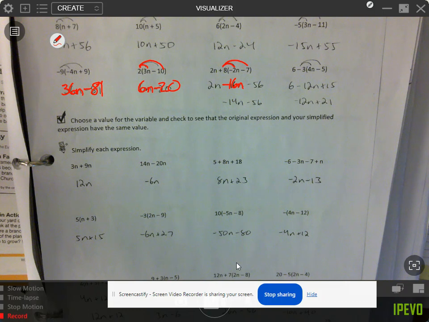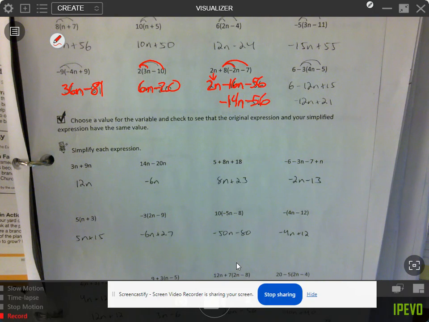Positive 8 times the negative 7 is a negative 56. And then I bring that 2n down. I am not done yet. I have more simplifying to do. I have 2n and minus 16n. I combine those to be the negative 14n minus my 56.